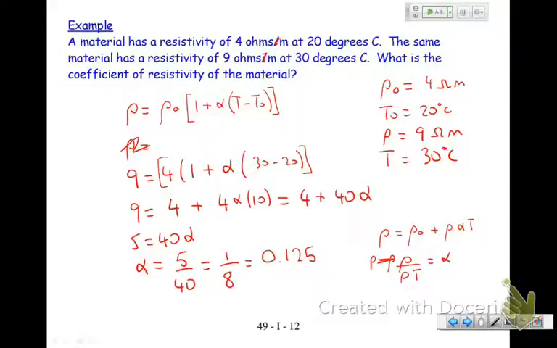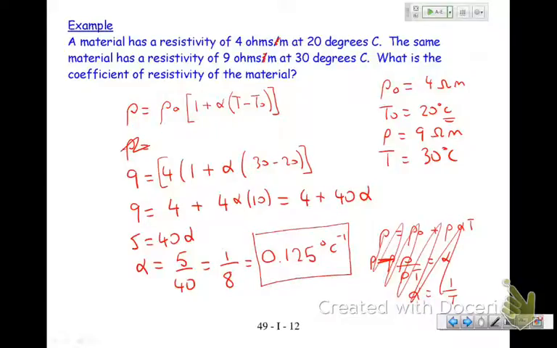I'm just rearranging. Alpha is equal to 1 over T. My units are going to be 1 over my temperature. What was my temperature in? Degrees C. Degrees C to the minus 1. So not bad.